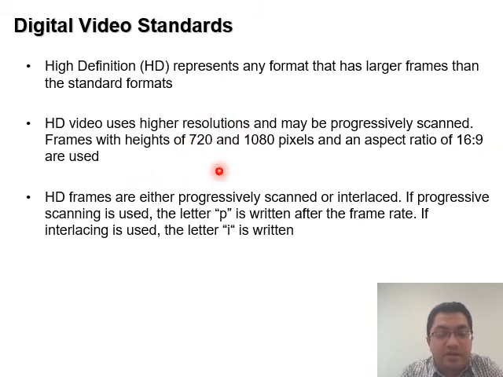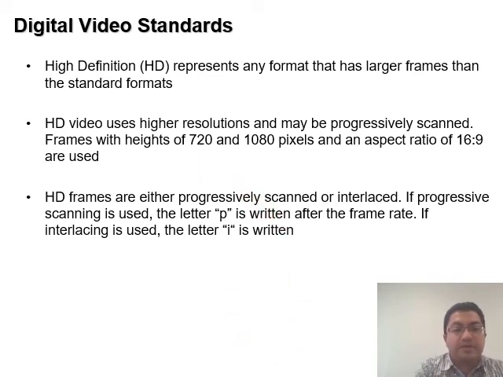So if you are, for example, watching something on YouTube, you can change the resolution of the video by switching to 1080 or 720. What do these two numbers mean? Both numbers represent the number of lines that you will have in the image. And what is the aspect ratio of 16:9? This is the ratio between the width and the height of the image.